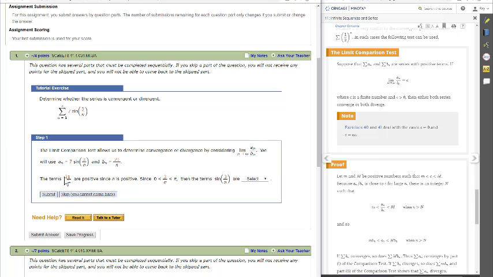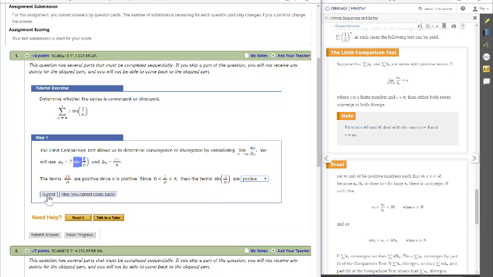The series 21 over n is all positive, and for positive values of n, 3 over n, the thing that goes inside of the sine, is always between 0 and pi, and sine is positive between 0 and pi.